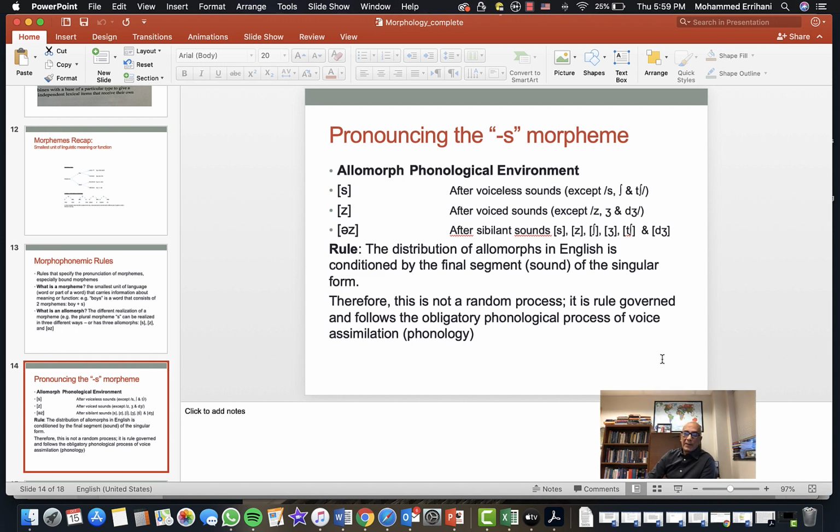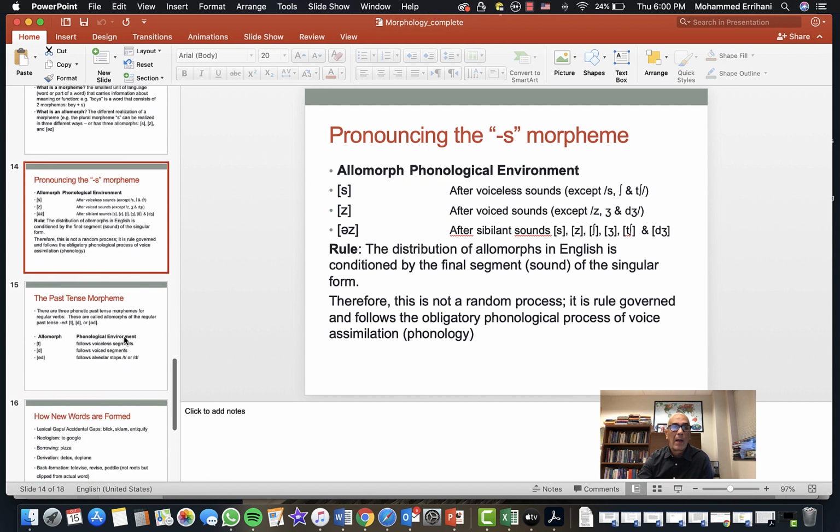What does this tell us? It tells us that pronunciation is not a random process. It is governed by rules, and it follows obligatory phonological processes of voice assimilation. And this is something that we talked about in the chapter on phonology.